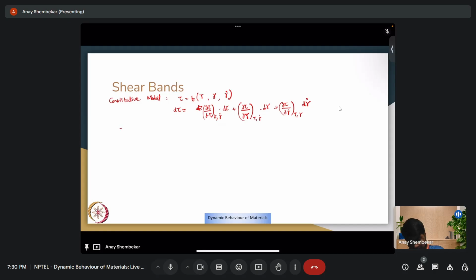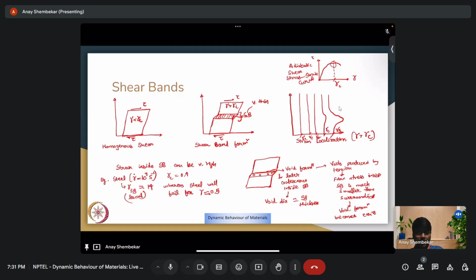If we assume adiabatic shear band instability, in this case you have d tau by d gamma equals 0. This comes from this plot, this critical region.